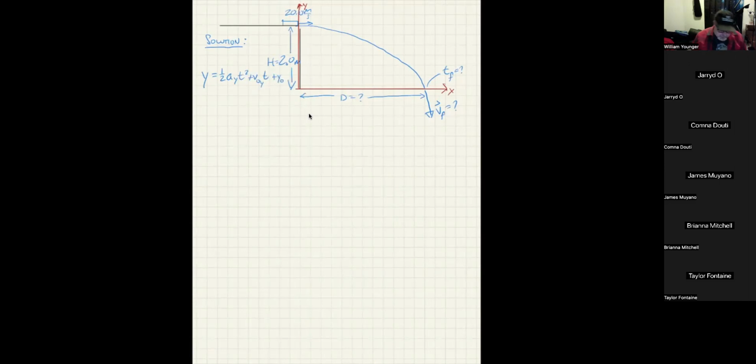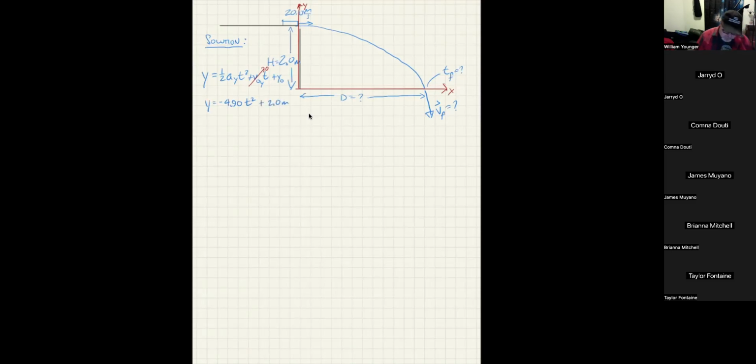Okay. So in our problem, since I've drawn our coordinate system, this equation becomes Y is equal to negative 4.90 T squared. You know, the units are meters per second every second. The initial velocity in the Y direction, of course, is 0. And the initial Y0 is actually going to be H, so I'll say plus H, which is 2.0 meters.